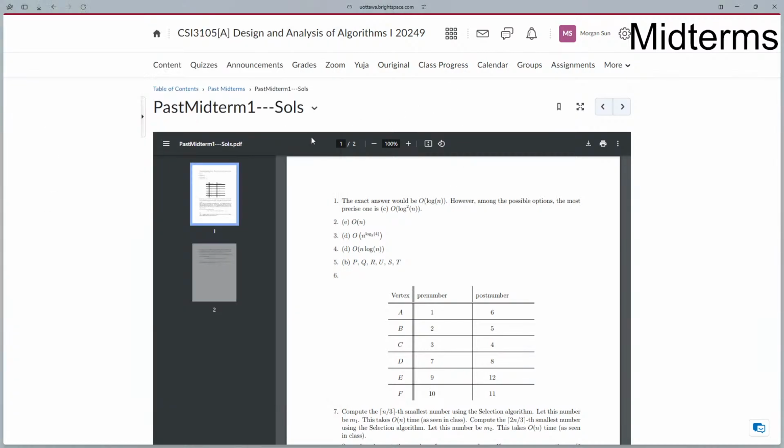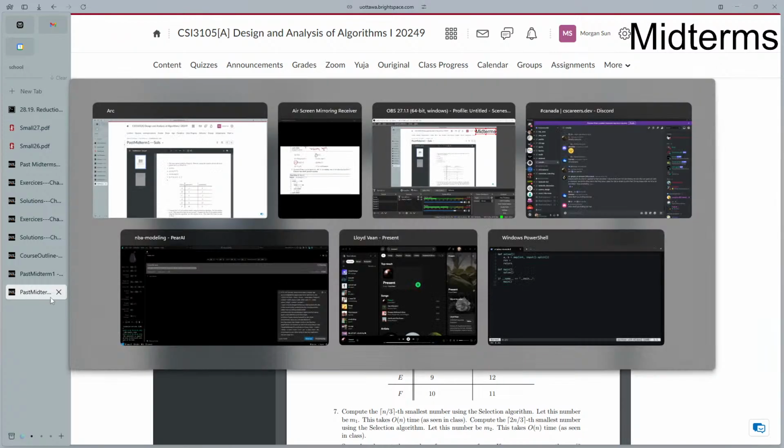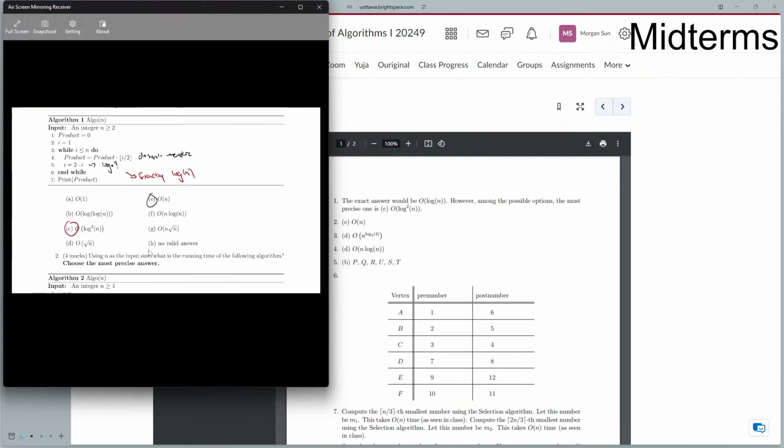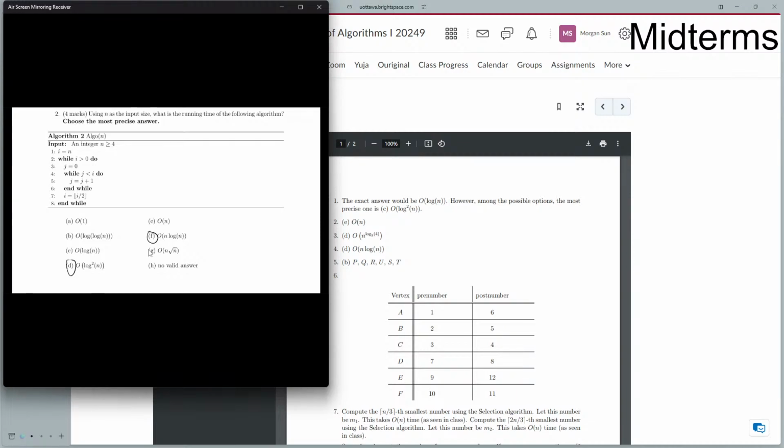Am I on the right one? Okay, no, I'm definitely on the right one. Oh, 2 is O of n? Why is this O of n? That's pretty dumb.